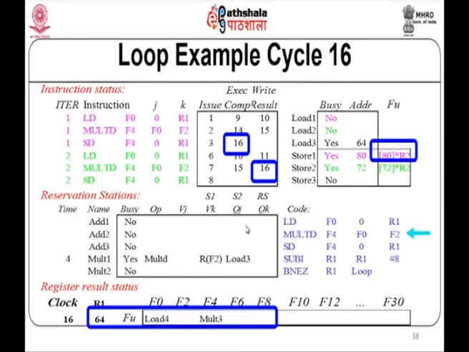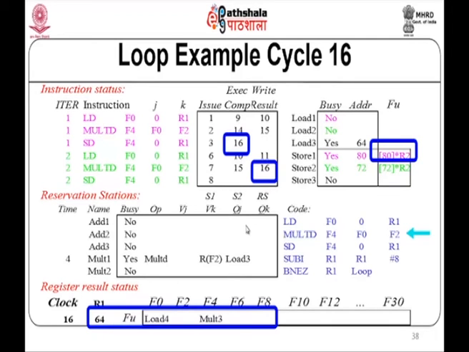The second mult instruction finishes execution in the 15th clock cycle, and it writes the result in the 16th clock cycle. Because you can observe that the second load instruction finished in clock cycle 11. So the second multiply instruction will start executing in 12. So 12, 13, 14, 15 it will finish execution, and in the 16th clock cycle it will write into CDB.